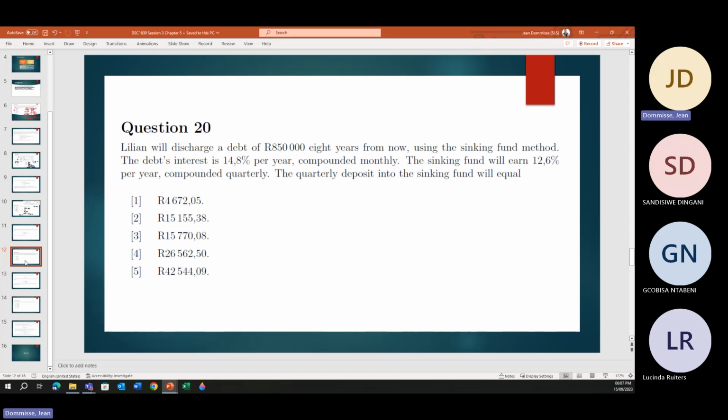With this, the debt interest is 14.8% per year, compounded monthly. The sinking fund will earn 12.6% per year compounded quarterly, and the quarterly deposit into the sinking fund will equal. Okay, so they're looking for that quarterly deposit into a sinking fund. Okay, so again, take about 2 or 3 minutes, write down what you would have done, and then we can go through it.